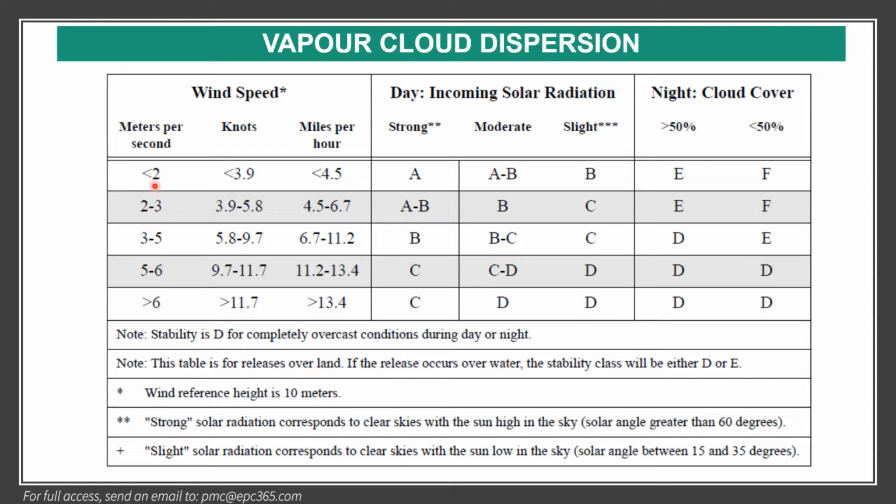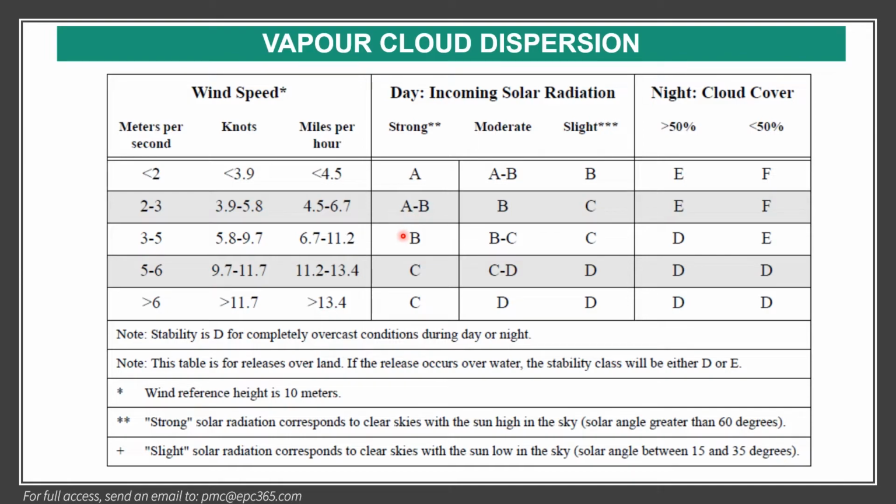For example, here, if your wind speed is less than 2 meters per second, you can see here the incoming solar radiation, or at night the cloud cover, gives the different stability class.